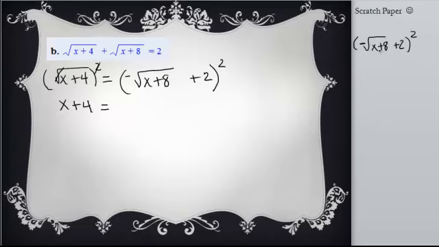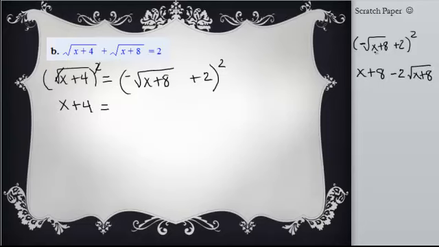Okay, so we're going to have this times itself, which ends up being a positive x plus 8 because the square roots cancel out with the square. And then we'll have this times a 2. So we'll have minus 2 square root of x plus 8.